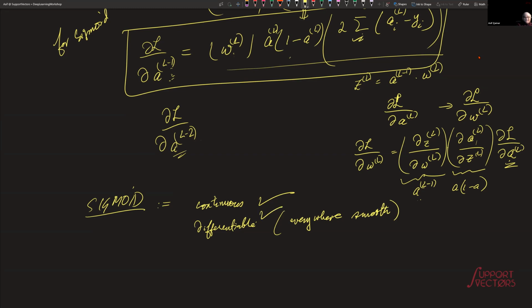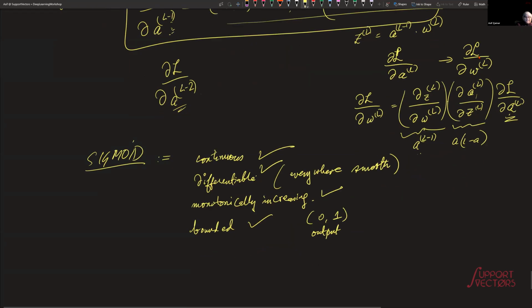Now, is it monotonically increasing? Yes. Is it bounded? Yes, because the saturation points are 0 and 1. The output is bounded to this 0, 1 interval, isn't it? So it is bounded. So now things are beginning to look pretty good here.